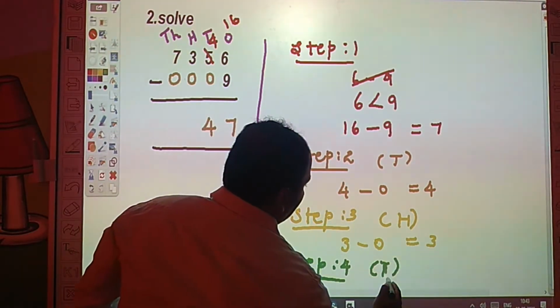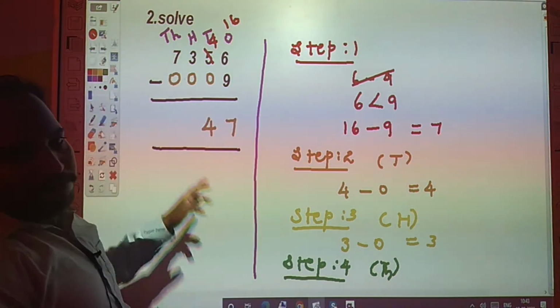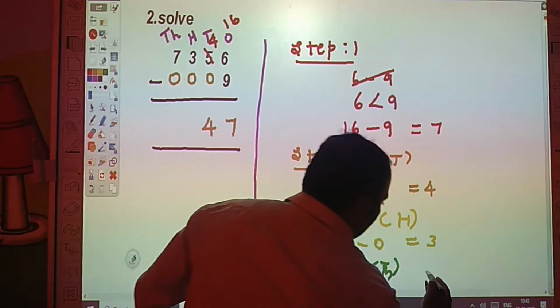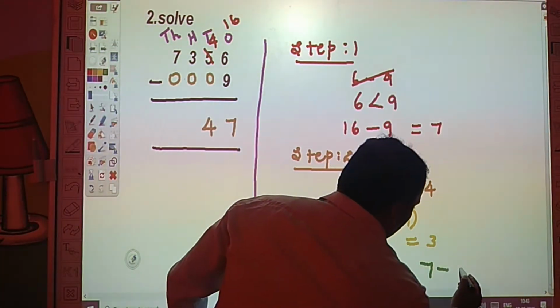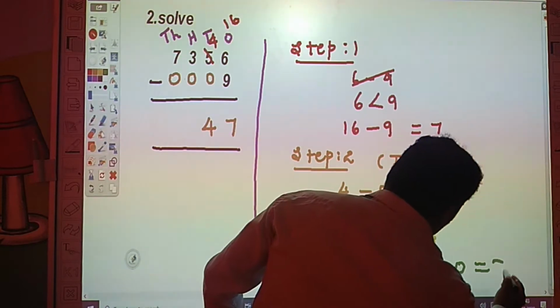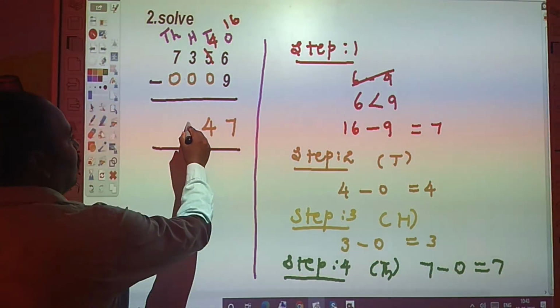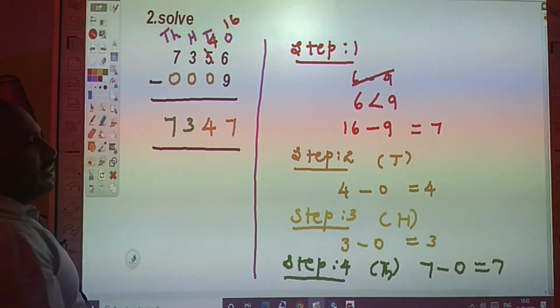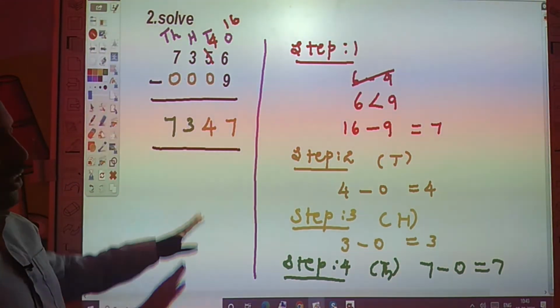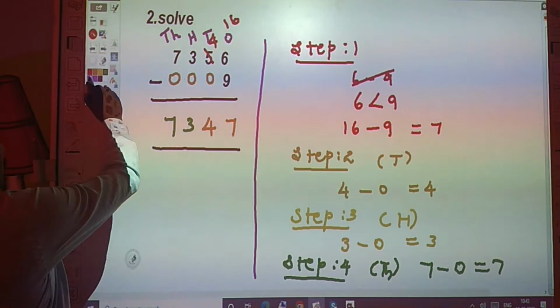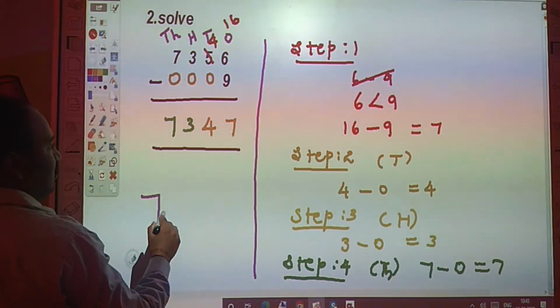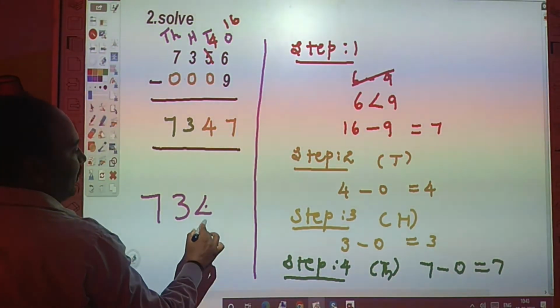Here our thousand place is 7 minus 0. 7 minus 0 is equal to 7. So our answer is 7347.